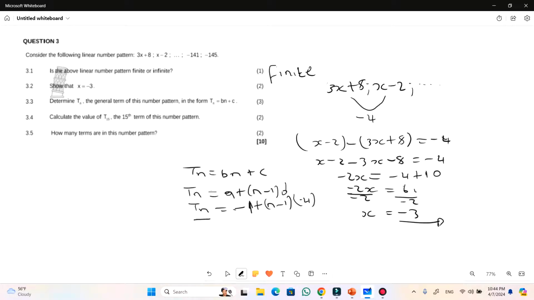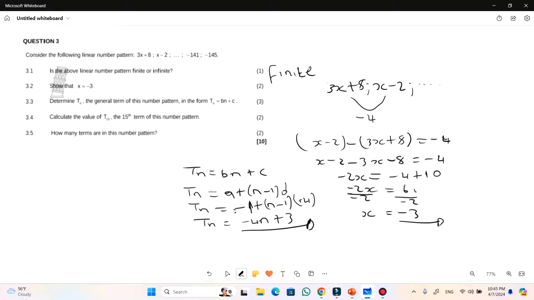So now this equation, we need to make it to be in that form. You just simplify it. We will have negative 4n, then negative times negative is positive 4, then 4 minus 1 is 3.